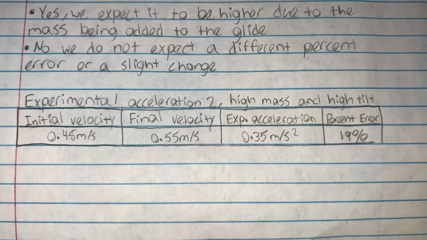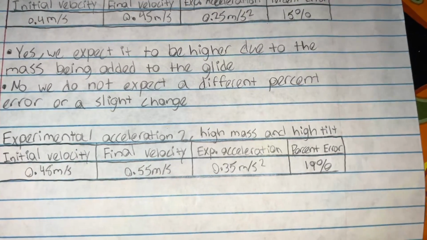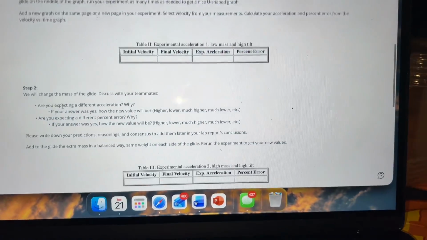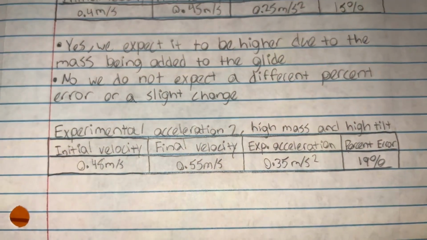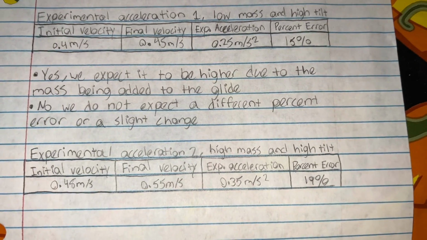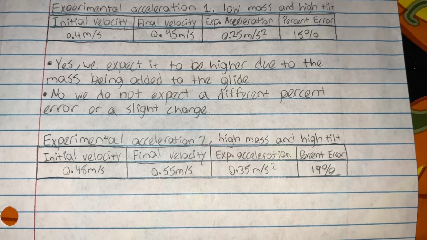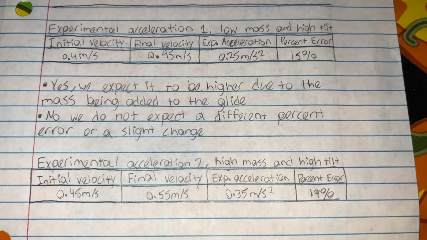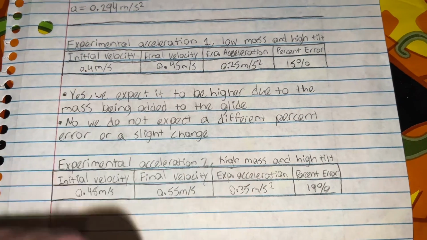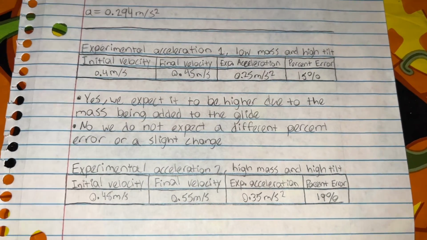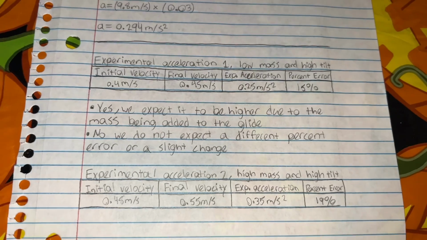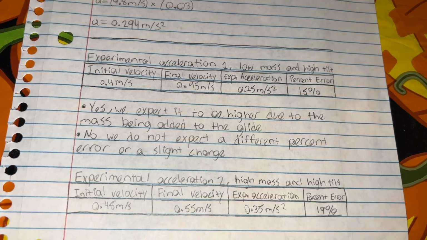So over here is our experimental acceleration 2, which we were able to do with this table. And we found that our initial velocity, our velocities were actually very close to each other. Maybe not our acceleration, but we were able to determine that the percent error was 19% for this one.